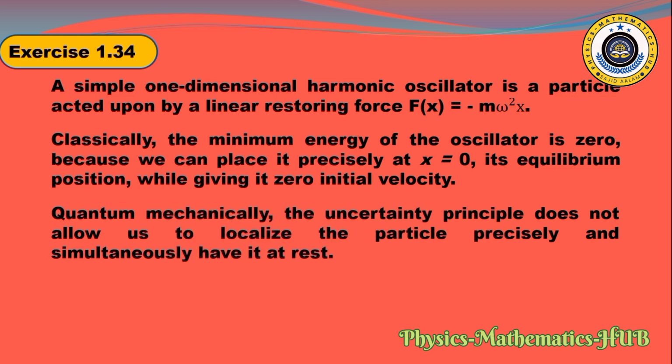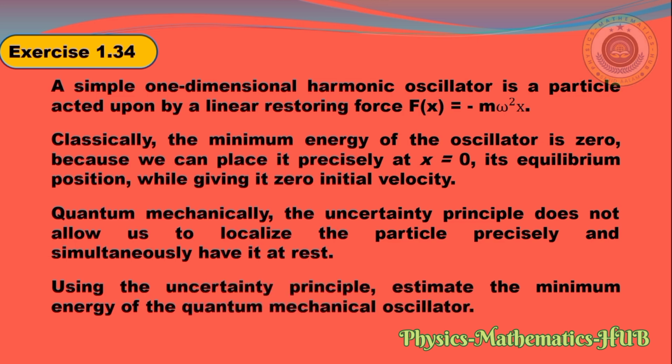Quantum mechanically, the uncertainty principle does not allow us to localize the particle precisely and simultaneously have it at rest. Using the uncertainty principle, estimate the minimum energy of the quantum mechanical oscillator.